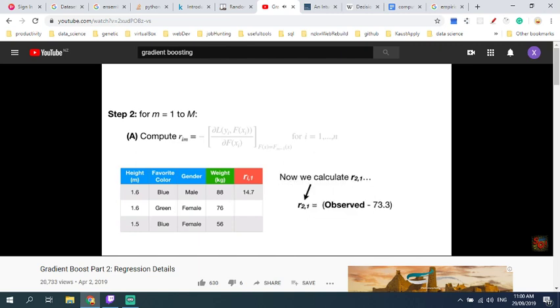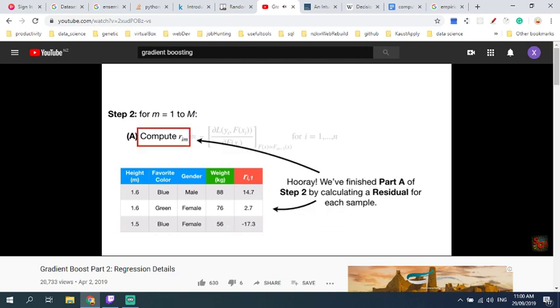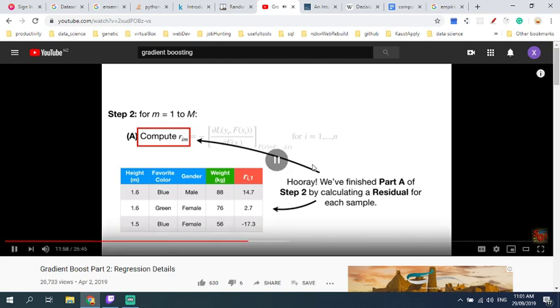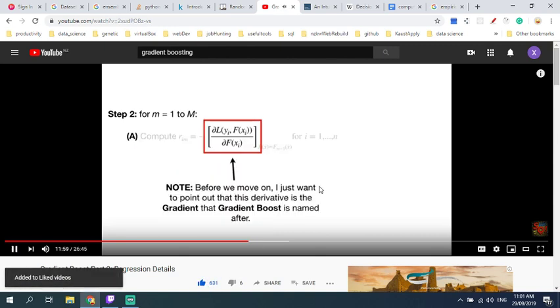Now we calculate r sub 2 comma 1. And we calculate r sub 3 comma 1. Hooray! We finished part A of step 2 by calculating a residual for each sample.